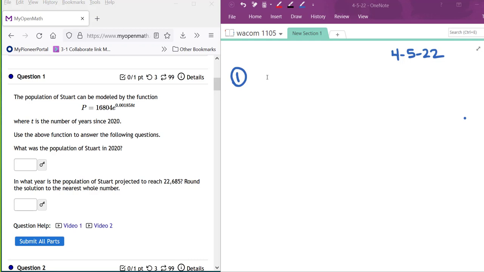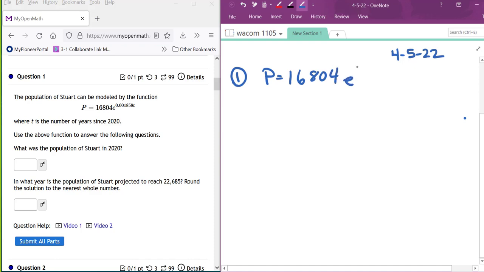So in this problem, t is the number of years since 2020.